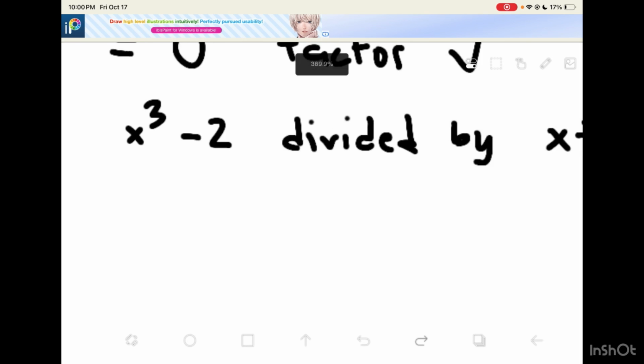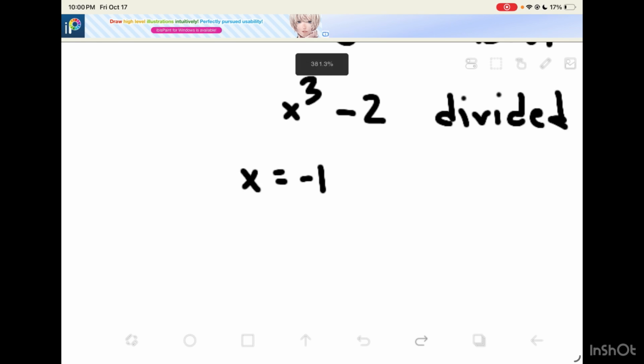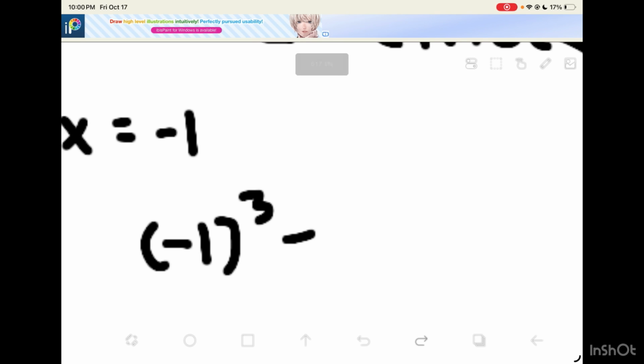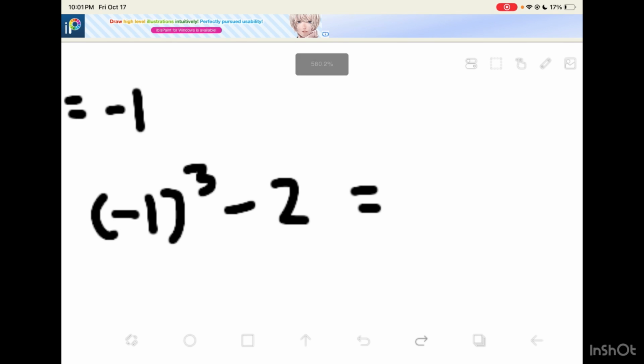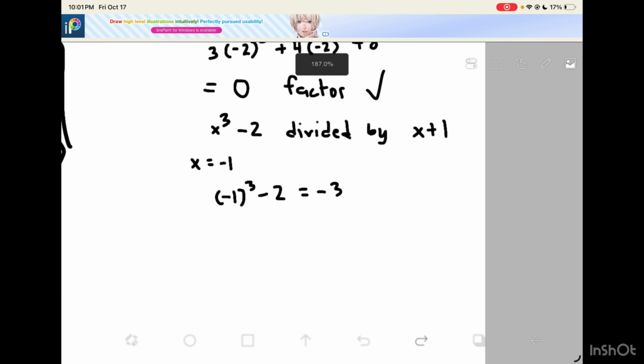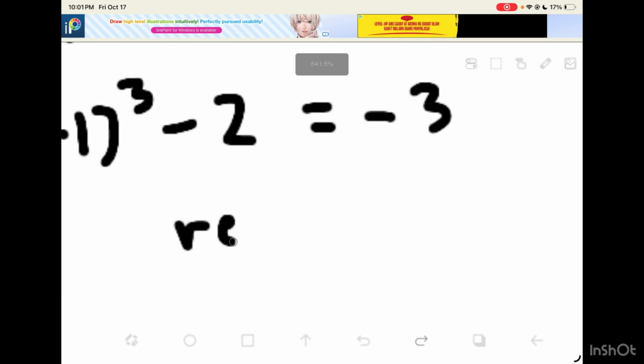So this means x equals -1. So therefore -1 raised to 3 minus 2. Put that in your calculator. Parentheses -1 raised to 3 minus 2. You should end up with -3. And just like how we did long division here, we ended up with remainder -3. And in this case, this is the remainder.